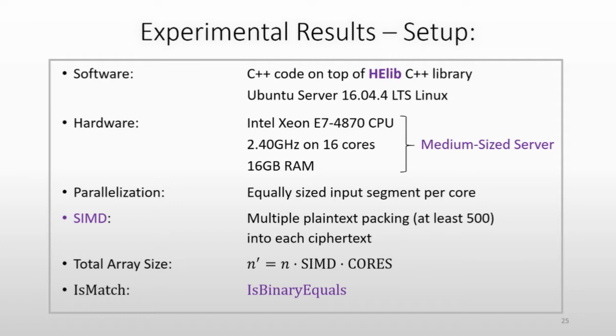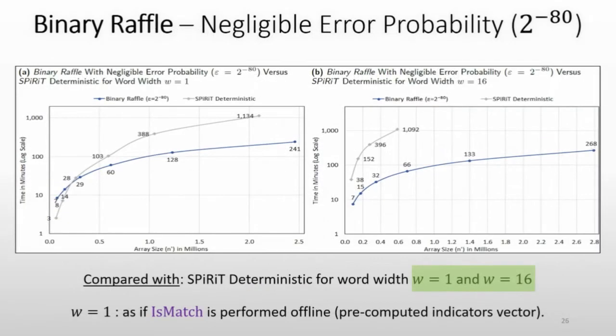We tested our protocol and implemented it over the HElib C++ FHE library. We ran it on a medium-sized server. We tested it on several is-match functions, but I want to show you the results regarding the simple binary equals function. What you can see here is that the time is in minutes and the array size is in millions.